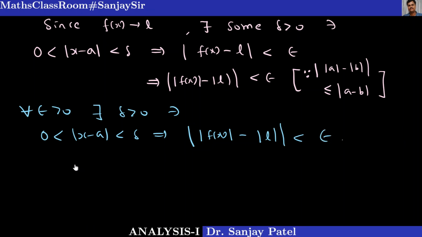So that is clearly the limit x tends to a of mod of f(x) is equal to mod of L. So this is proved. So we have proved all the working rules of limit of a function. We'll see some remarks based on this in the next lecture. So thank you.